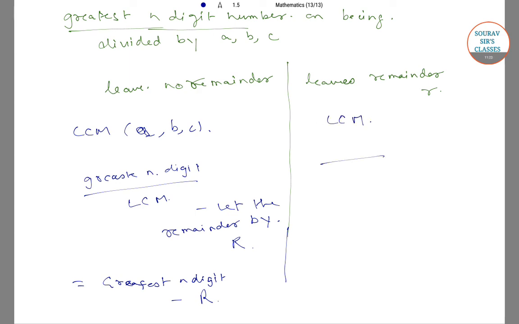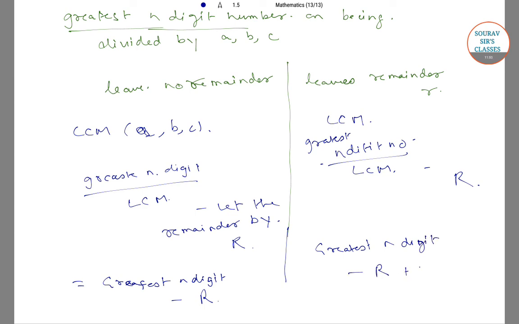Then we divide the greatest n digit number by the LCM and find the remainder, say R, and then our answer would be the greatest n digit number minus R plus small r.